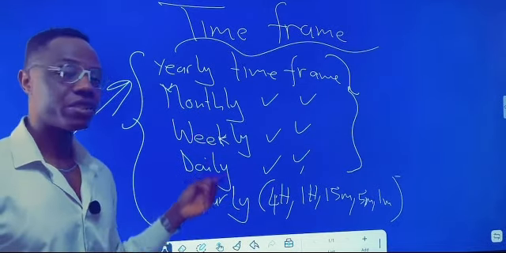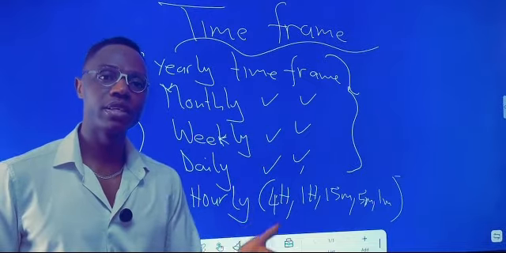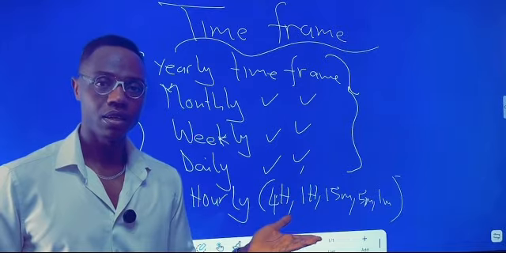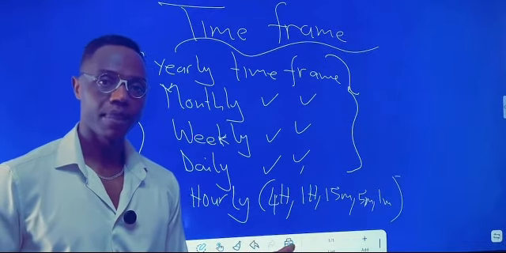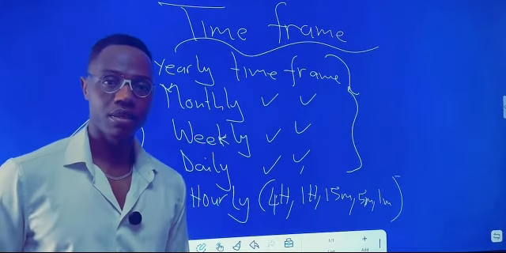A position trader is going to hold the trade for long, for weeks, months, even years. If you are a swing trader, it means you are going to hold the trade for days.